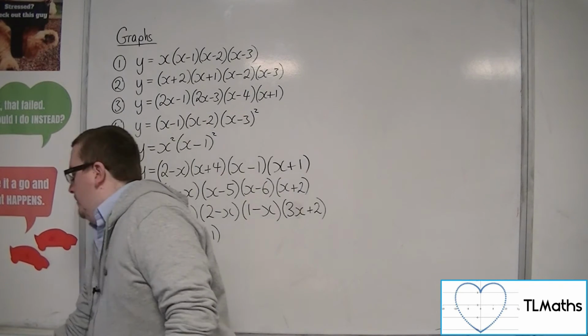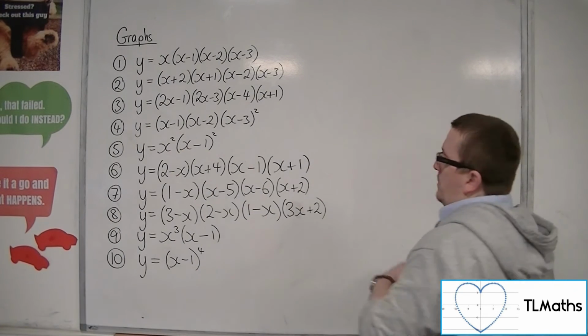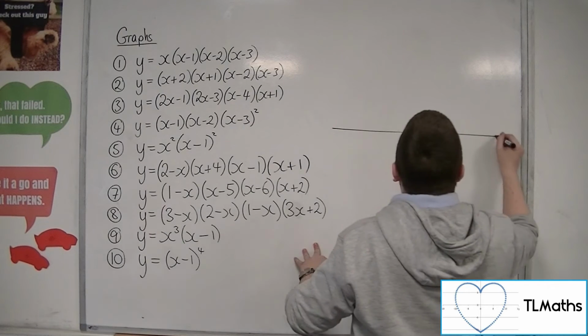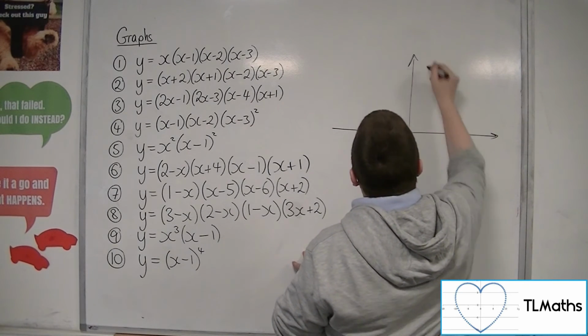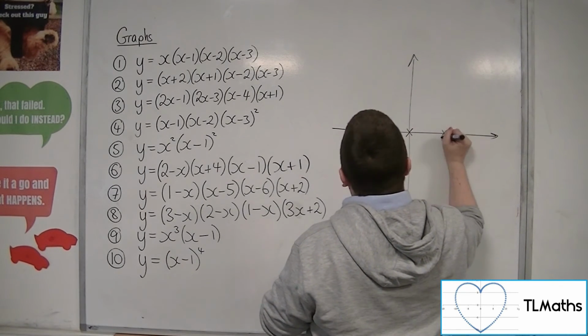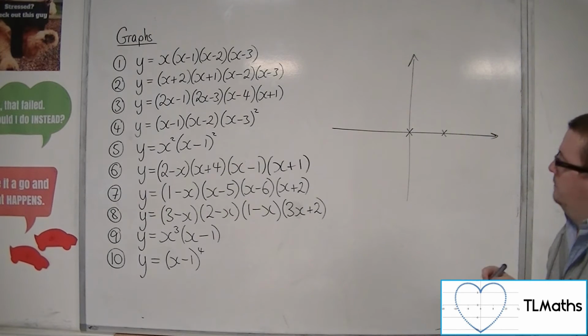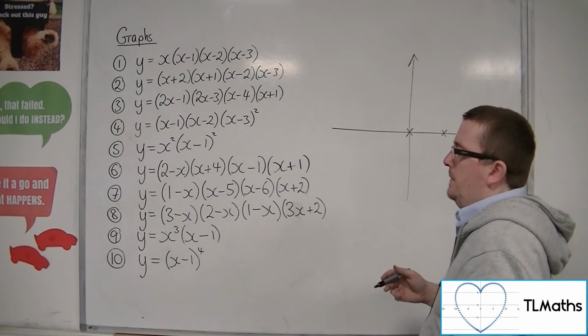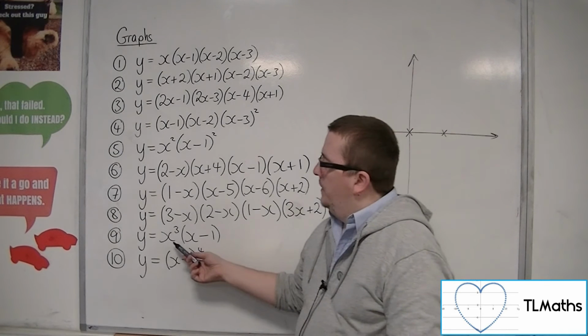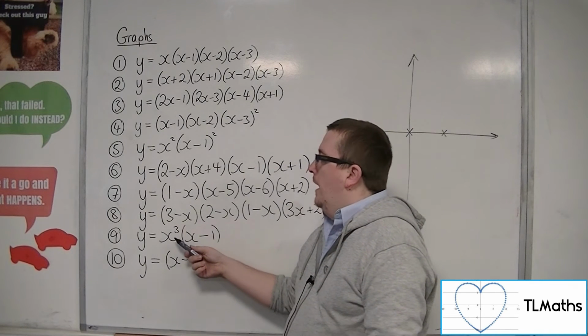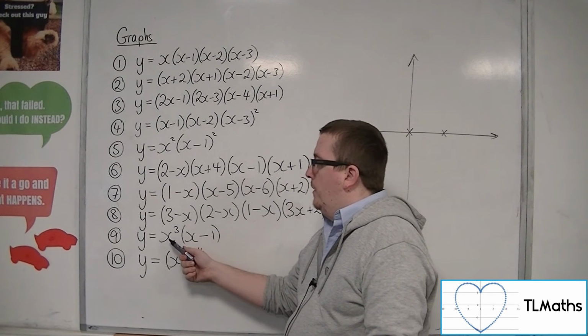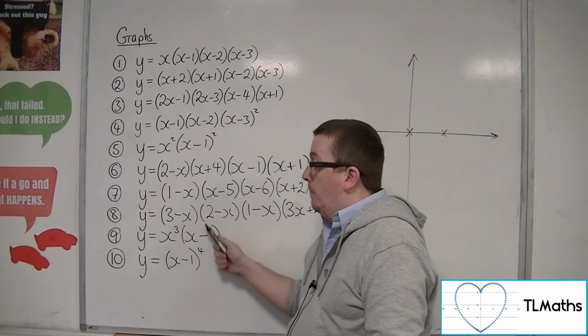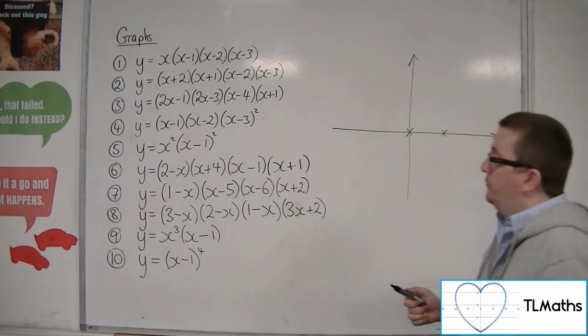Now, number 9, we've got y is equal to x cubed times (x minus 1). So I actually only know 2 points as to where it's crossing the x-axis, 0 and 1. Now, if I expanded this out, I would have a positive x to the 4.